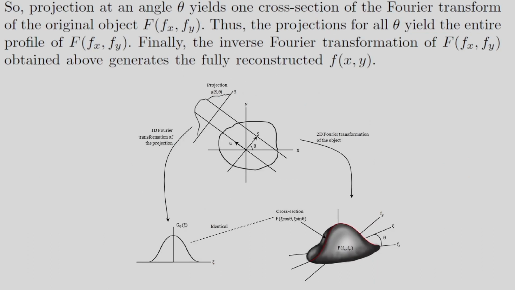I am again explaining this projection theorem: a projection at a particular angle theta generates one cross section of the Fourier transform of the original object, and the projections for all theta generate the entire profile. Finally, I can determine the inverse Fourier transform to get the reconstructed f(x,y).